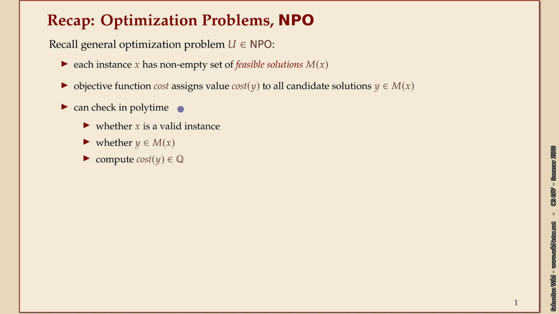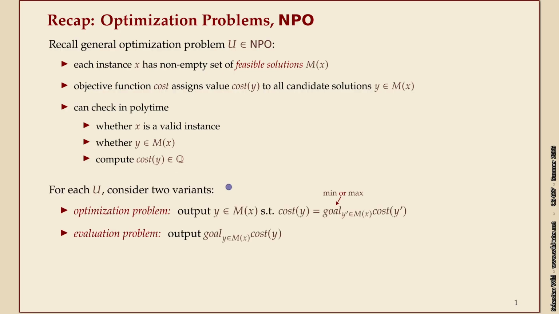And we assume that we can check in polynomial time whether a certain instance is a valid encoding of an instance, whether a given thing is indeed a feasible solution, and we can evaluate the cost of a feasible solution. We'll here always make the assumption that the costs are rational numbers, so we don't get into questions about how to represent real numbers. I think for all the problems we'll discuss here, that's not really an interesting distinction.